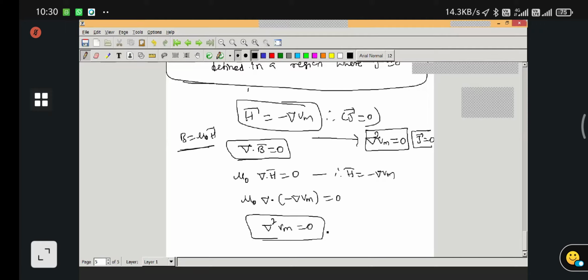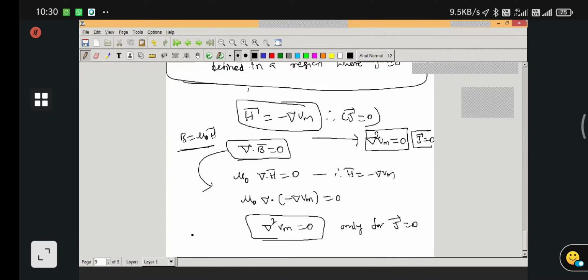The scalar potential satisfies the Laplace equation. H is equal to minus del Vm and del dot B equal to 0, which is the fourth Maxwell equation. This is very important. This holds only for J vector equal to 0.